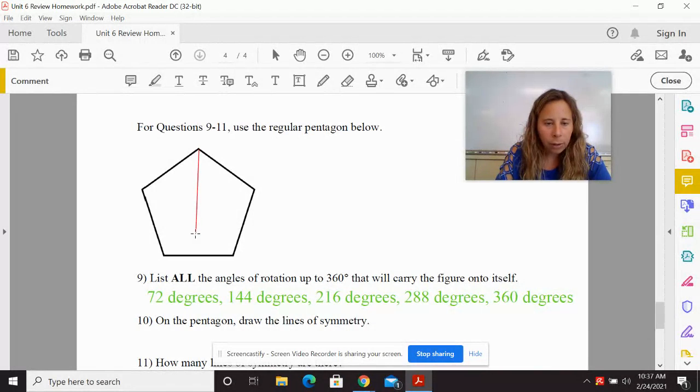See if I can do it fairly evenly here. Oh, I can't get it exactly right. Maybe make it higher. There we go. Okay. So I cut it directly in half. If I fold over that line, it will fold over perfectly.